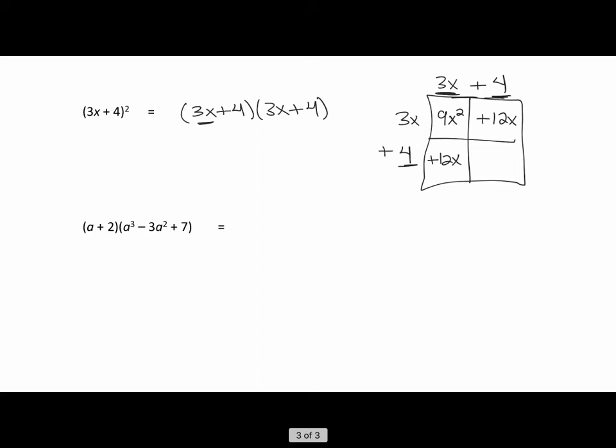And for the last one, 4 times 4 is a positive 16. So this is a way to multiply with each term to each term, which also helps us in combining like terms, because you'll notice that these like terms line up right there. So 12 plus 12 makes 24 x's altogether.